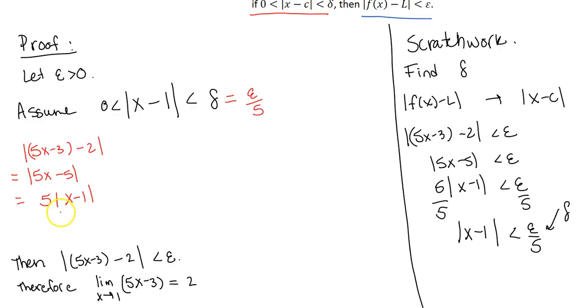And then because I know that the absolute value of x minus 1 is less than epsilon over 5, we can say that that's less than 5 times epsilon over 5. And that gives me epsilon. So if I follow the chain here, I've got the absolute value of 5x minus 3 minus 2 is less than epsilon. So those three pieces right there give me what I need, and I am done. Now this is just a bit of a stylistic thing. When you're done with the proof, it's not a bad idea to just draw this little box and show that you are done.